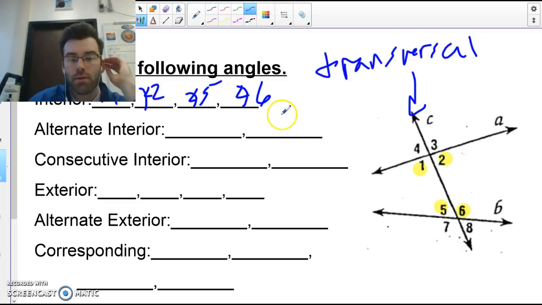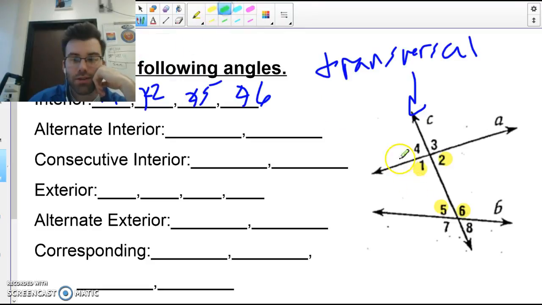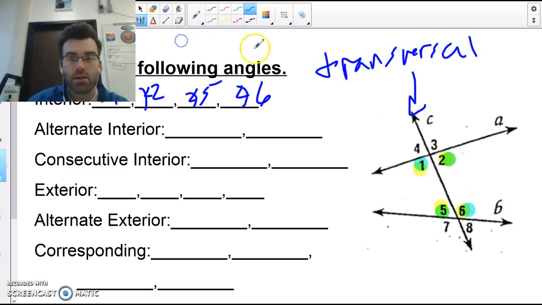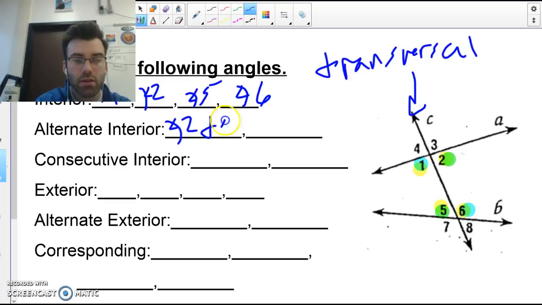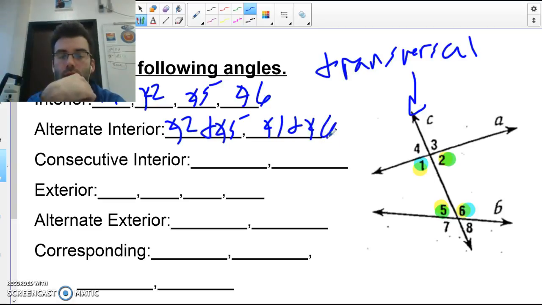There are special types of angles called alternate interior angles. Alternate interior angles lie on opposite sides of our transversal. In this case, angle 2 and angle 5, because they alternate over the transversal, and angle 1 and angle 6 would be alternate interior.